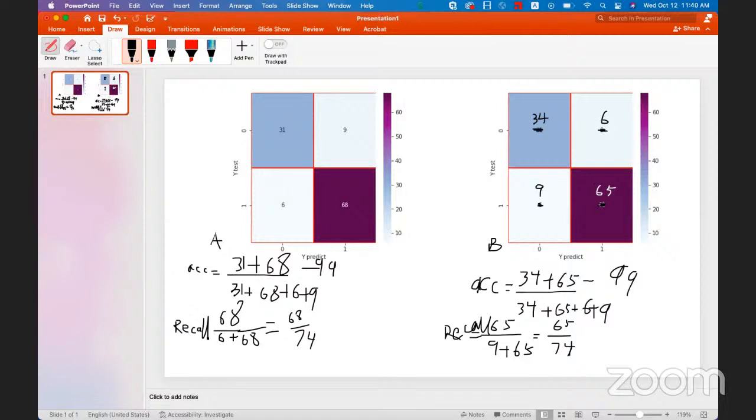This group represents patients who actually don't have breast cancer, and they are predicted as breast cancer. This is 9%. They may have further tests to confirm that, that's okay. But if they don't have further tests, they may be given treatment. We don't want to treat them wrong, give them medicine if they don't need it.